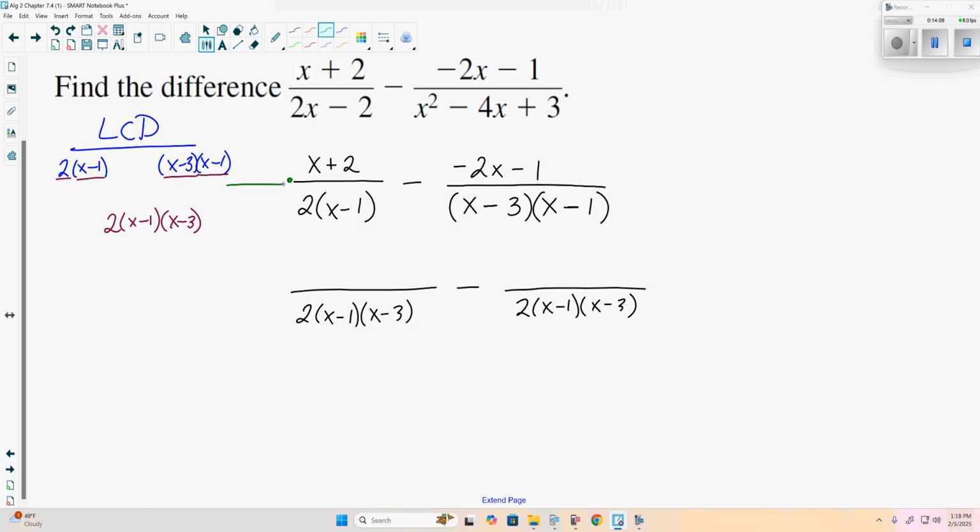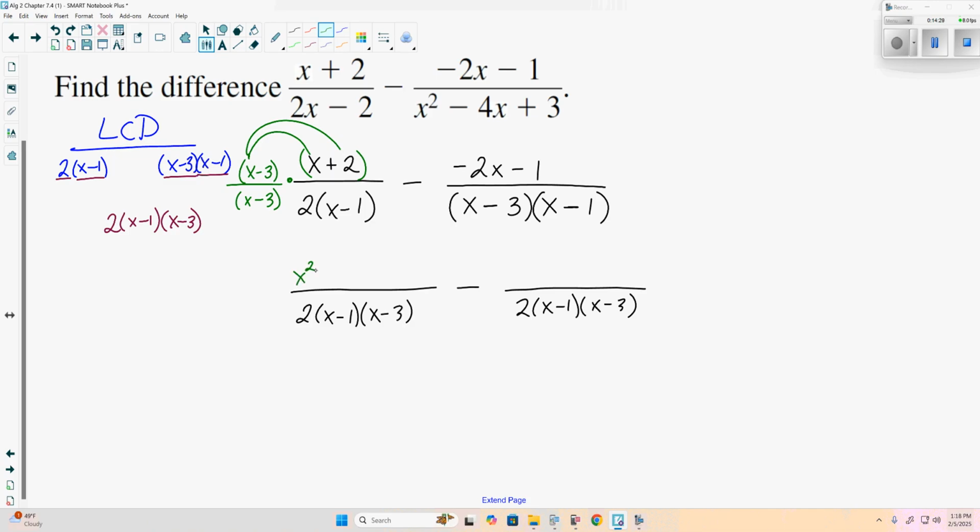Now the one on the left does have the 2, it does have the x minus 1. It is missing the x minus 3. And if we go on and multiply it, because we can multiply it at this point, first thing we're going to do is distribute the x. Our x times x is going to be x squared.